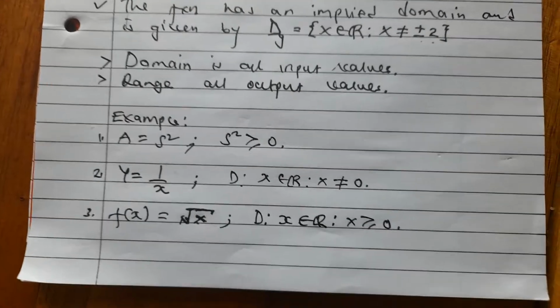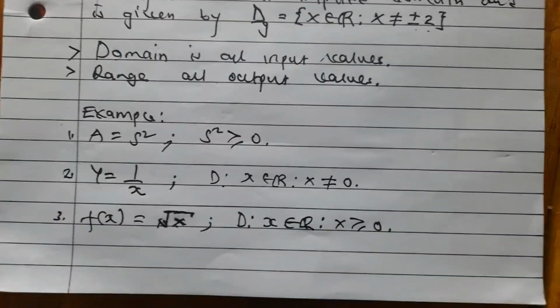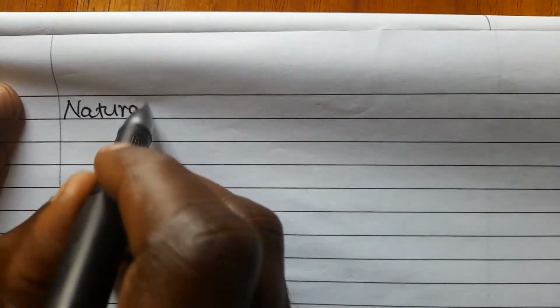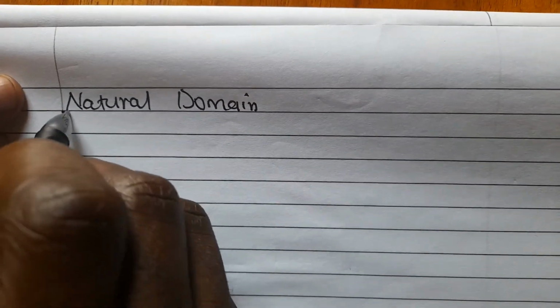But let's go ahead and discuss more functions and see how we can actually obtain the domain of maybe a rational function and a radical function. But before that, let's have a discussion on what we call the natural domain, which we were basically talking about.